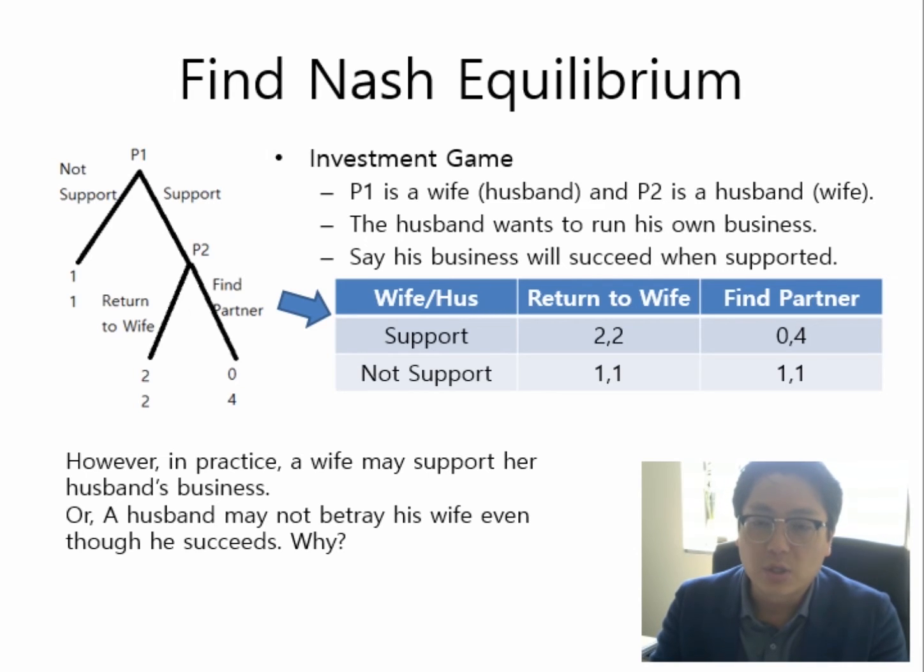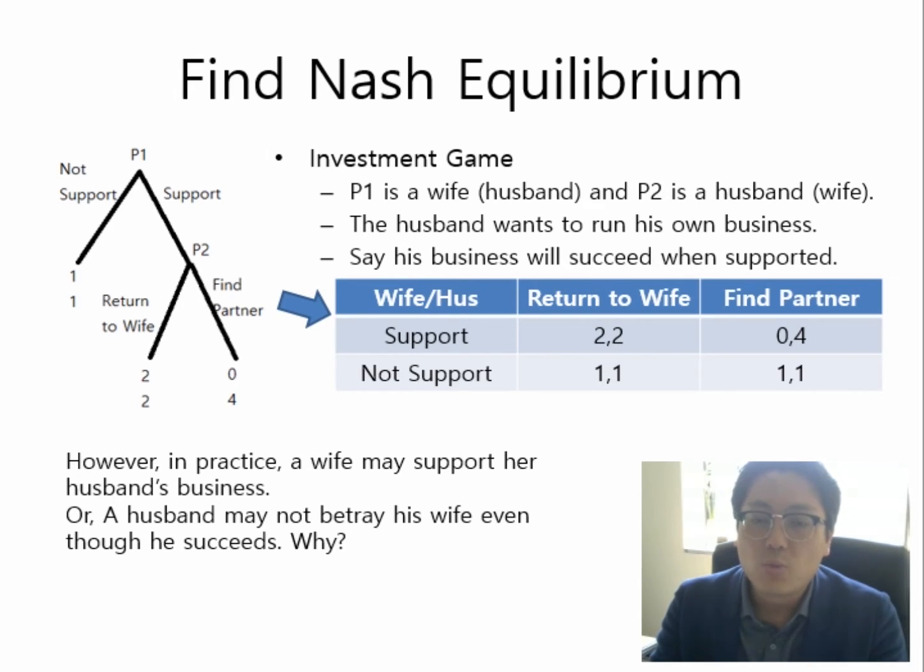We can use the Nash equilibrium concept. Seems to be okay, right? But there's one thing we need to think about. That is that we didn't use some information of orders.